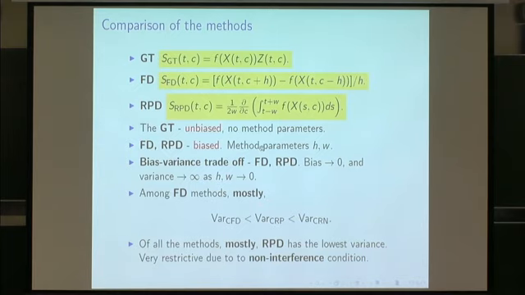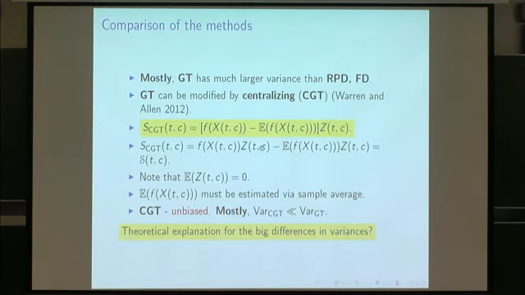We also noticed that, mostly, again, the pathwise derivative has the lowest variance, but is very restrictive because of this interference condition. Now, mostly, the Girsanov transformation has larger variance than the finite difference and the pathwise derivative methods.